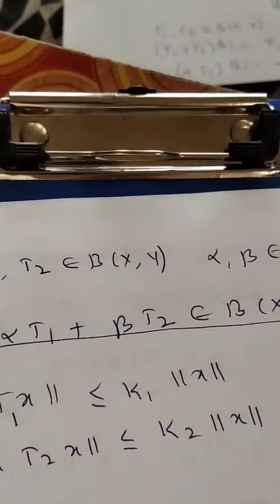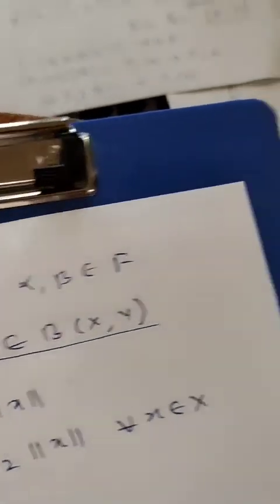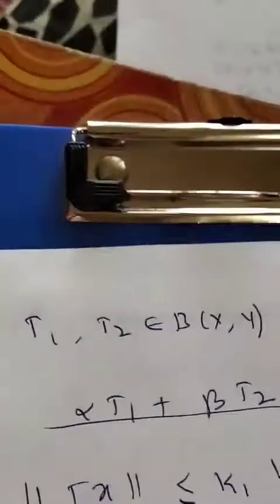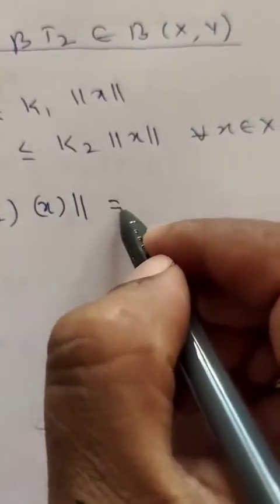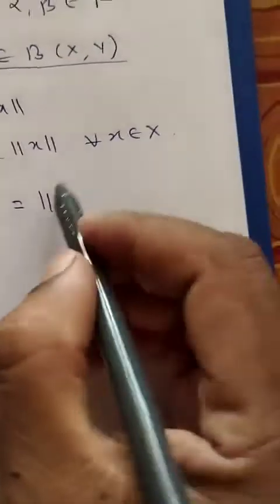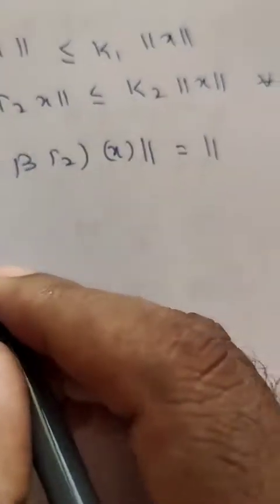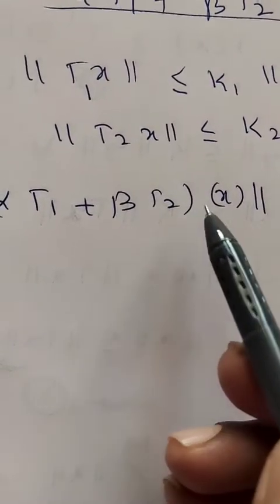Now consider the norm of alpha T1 plus beta T2 of x. This is equal to the norm of alpha T1 of x plus beta T2 of x.